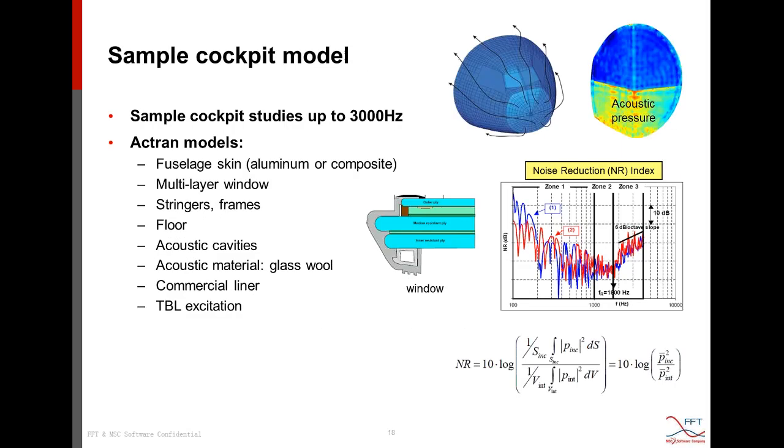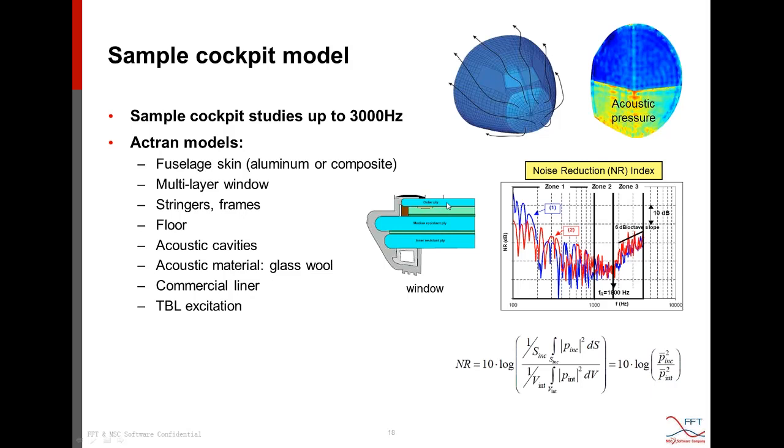So a typical Actran vibro-acoustic model will take all this list of ingredients into account. We'll have the fuselage skin that could be made of aluminum or innovative composite material. We can model the laminated window by different layers of materials.